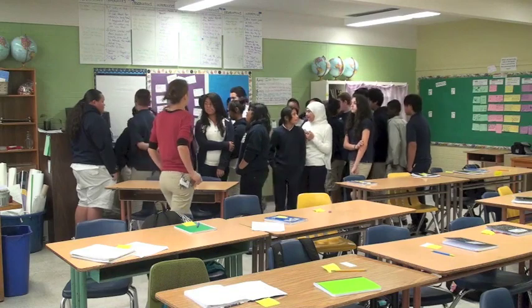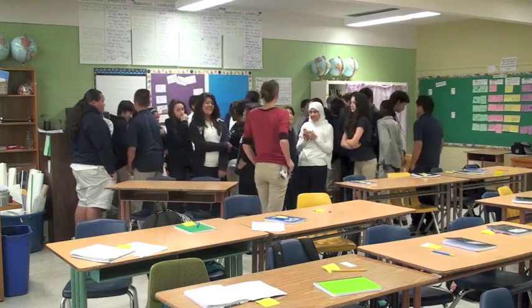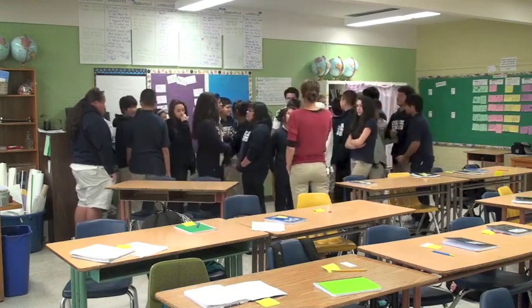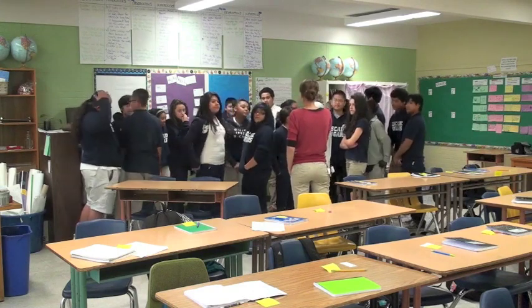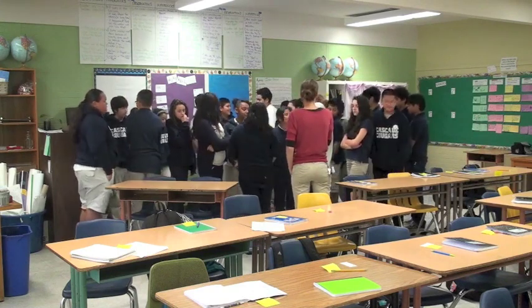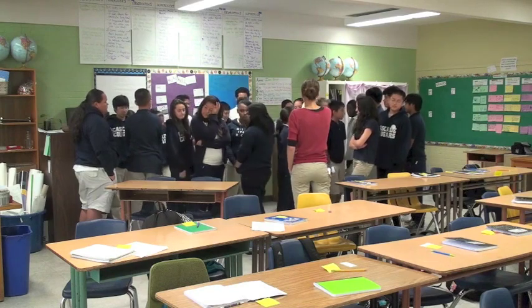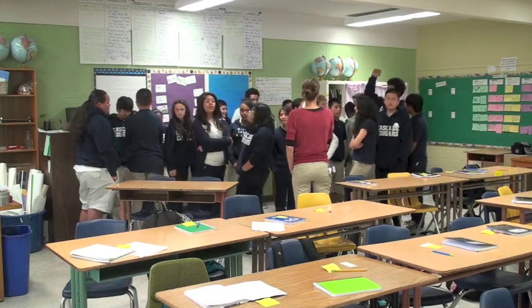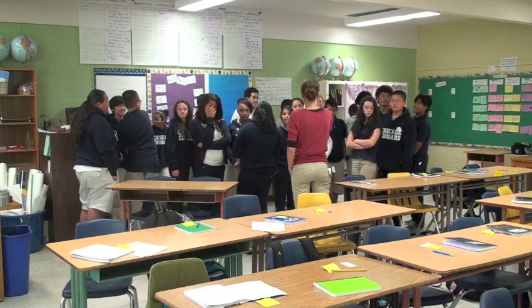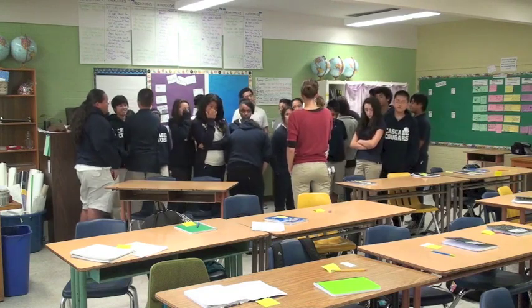Okay, so we are going to now, because I now need to come back here and wait for my next direction. So what I would like you to do, as a class, you're going to have to work together.